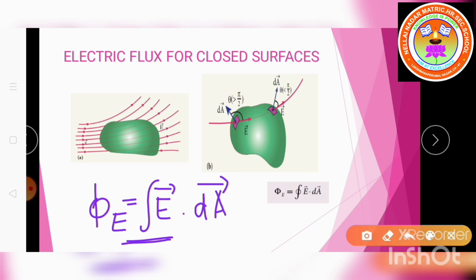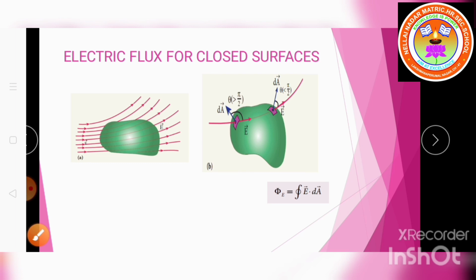Now for the closed surface, in the formula, in the place of the integral, we put one closed circle. Understand? So it is very, very important.